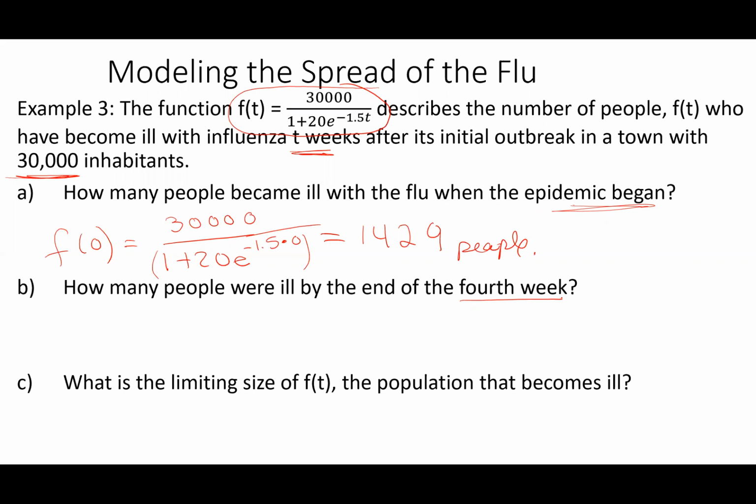So 30,000 over 1 plus 20 e raised to the negative 1.5 times 4.